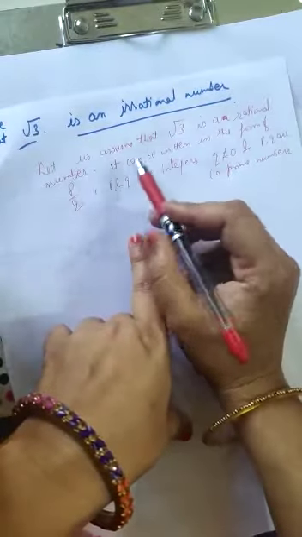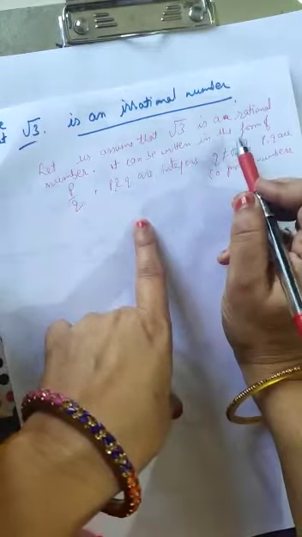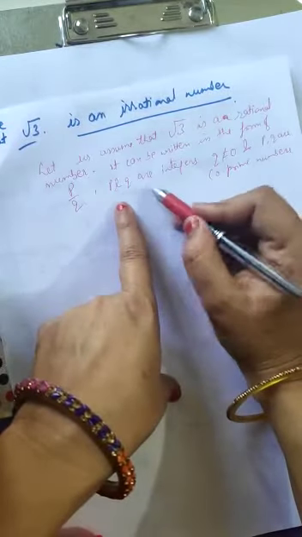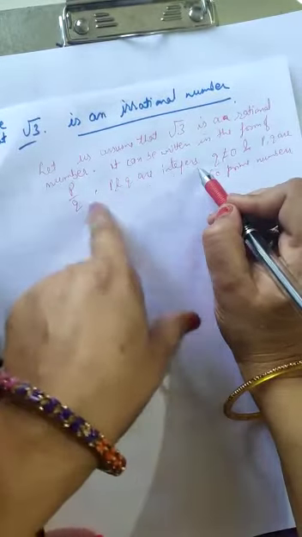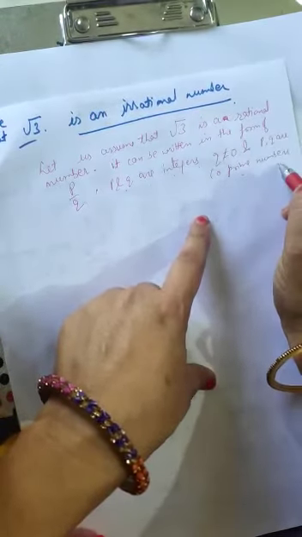Once again, let us assume that square root 3 is a rational number. It means it can be written in the form of P upon Q, as in the definition of rational number.